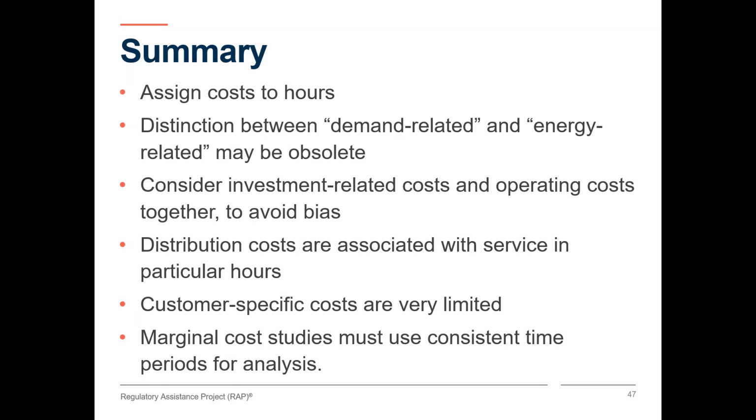Most distribution costs are associated with service in different hours of the year, some of it at all hours, and the cost of oversizing the system in peak hours. The costs that are truly customer related are very limited in nature, and marginal cost studies really need to use consistent time periods for analysis of generation, transmission, and distribution costs.